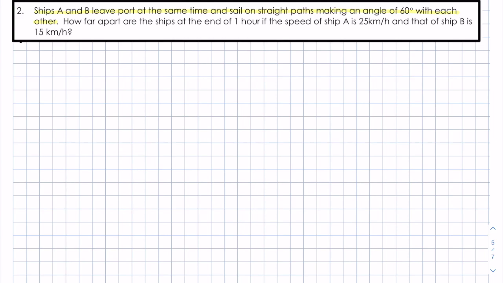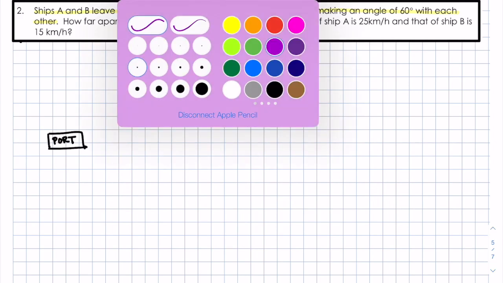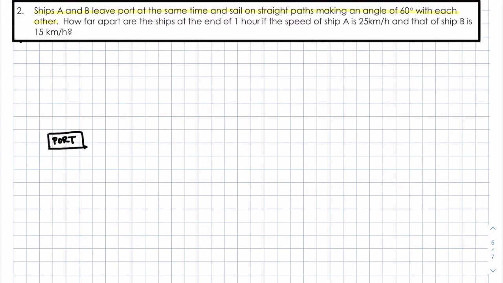So I'm going to go ahead and say, here's the port. Let's just call that port. And it says the two boats leave the port at the same time and go on different straight line paths.